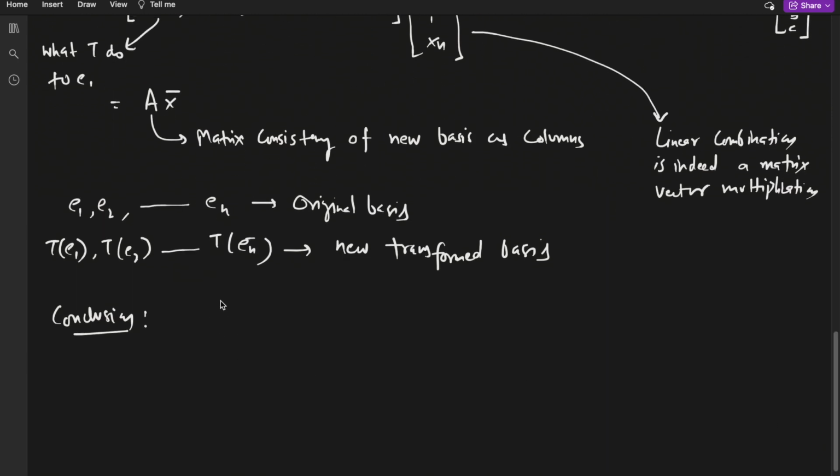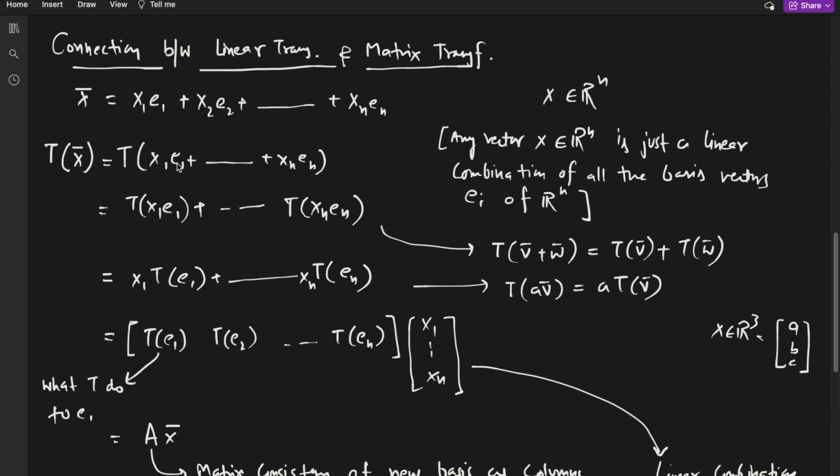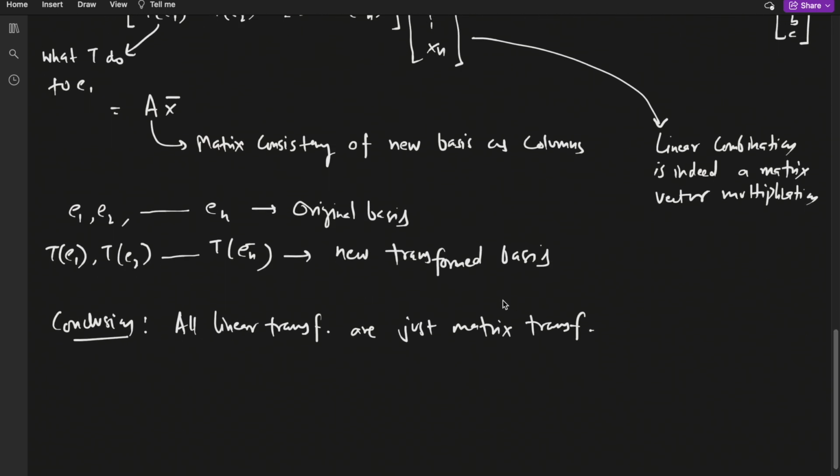So the conclusion is all linear transformations are just matrix transformations. That's all. So either you write this or you write the compact form. There is no difference. So linear transformation and matrix transformation are exactly the same thing.